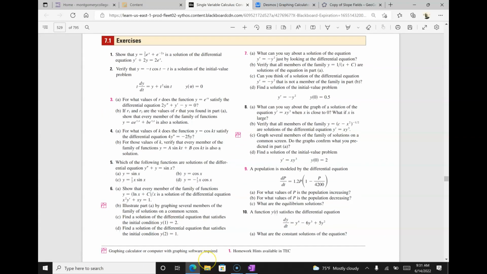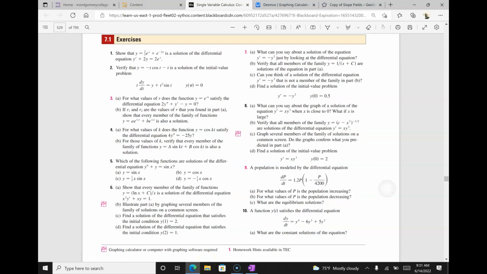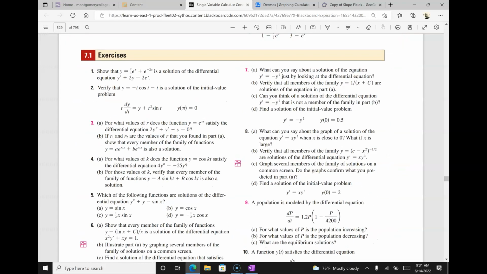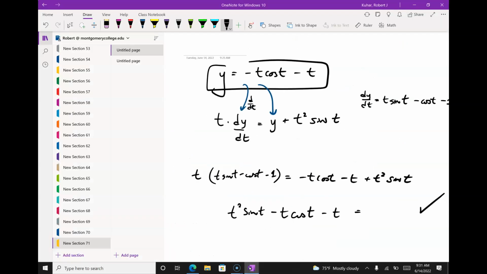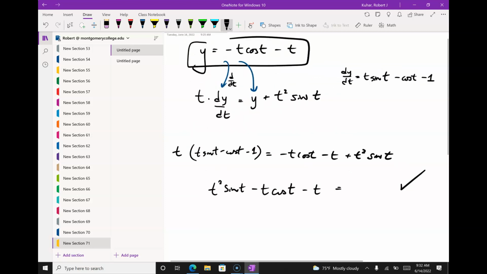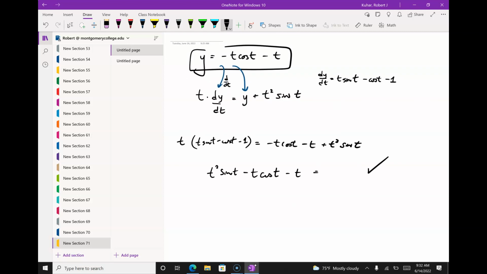In 2, it also gave us that y of pi equals 0. So the initial value, sorry, yeah. Let me go back to that. So I do have an initial value here. So if I put in 0 for this particular piece, right? I should get... Should I get pi out of it?